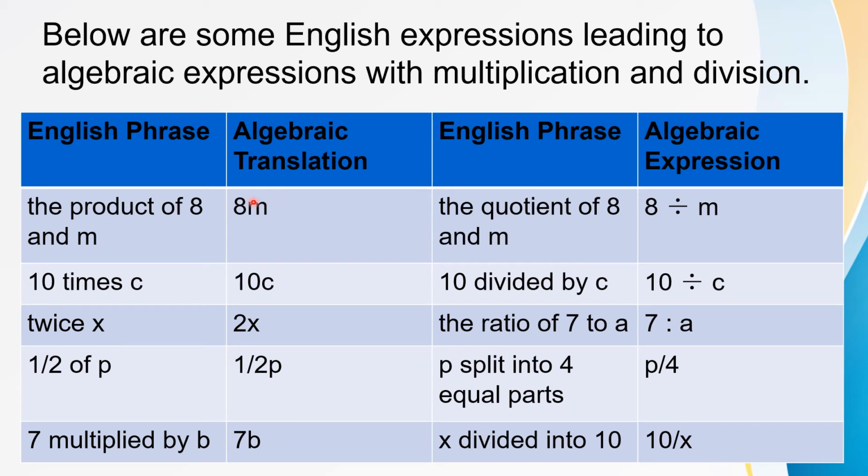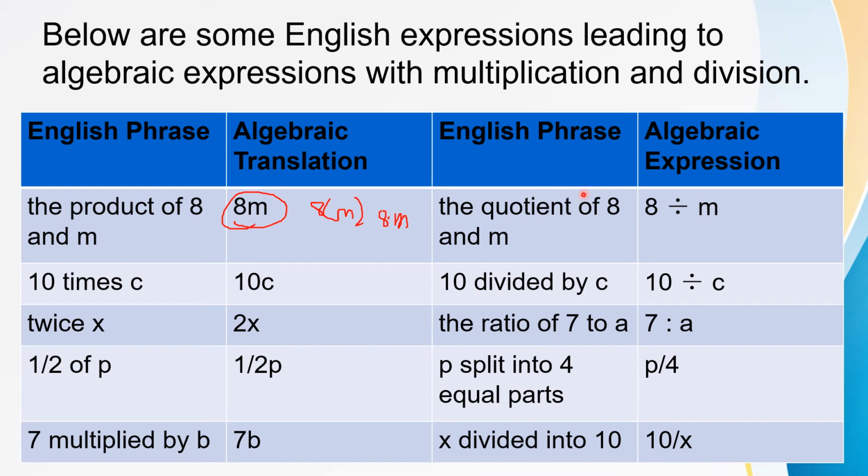No need to put a sign, or sometimes we use open and close parentheses. 8 times m or 8 dot m, but if we are going to simplify, it's just 8m. 10 times c is 10c. Twice x means 2x. One half of p is 1 half times p. 7 multiplied by b is 7b.